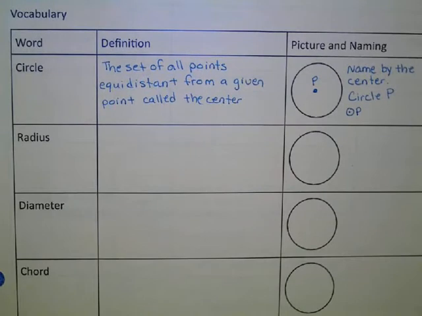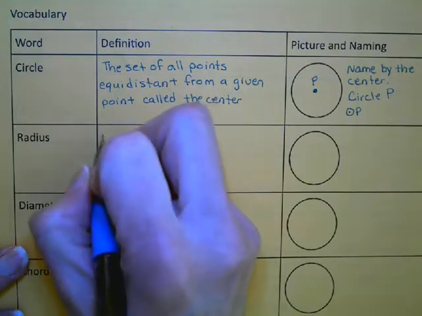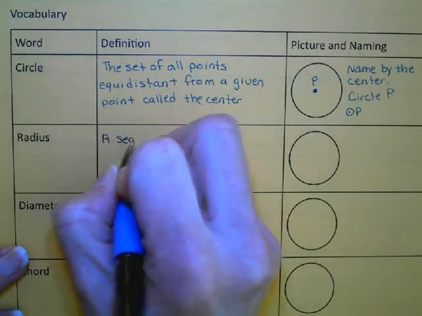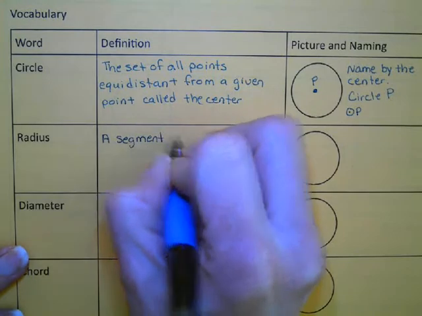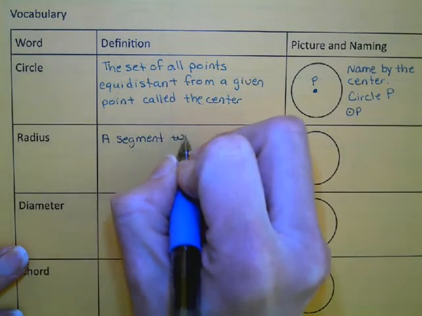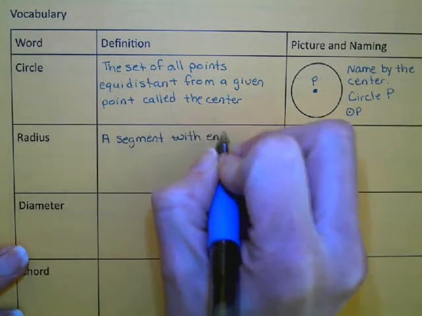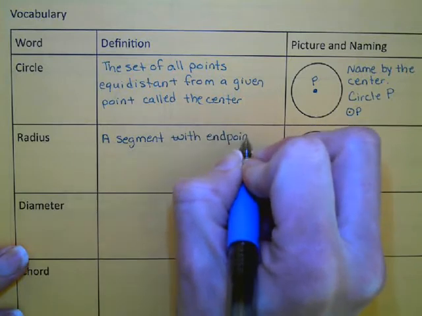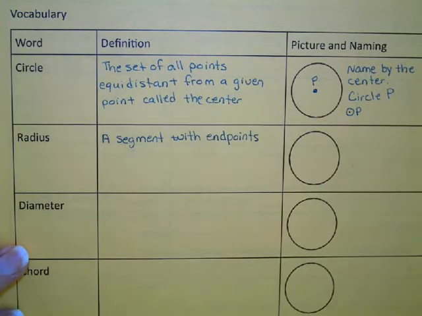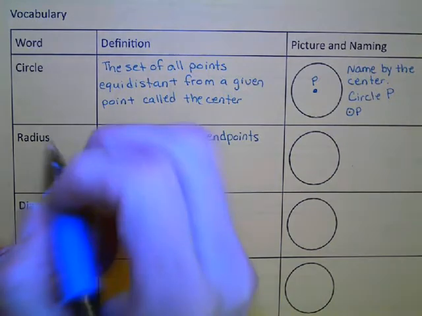A radius, hopefully you remember that from middle school or elementary school. It's a segment with endpoints at the center and on the circle.